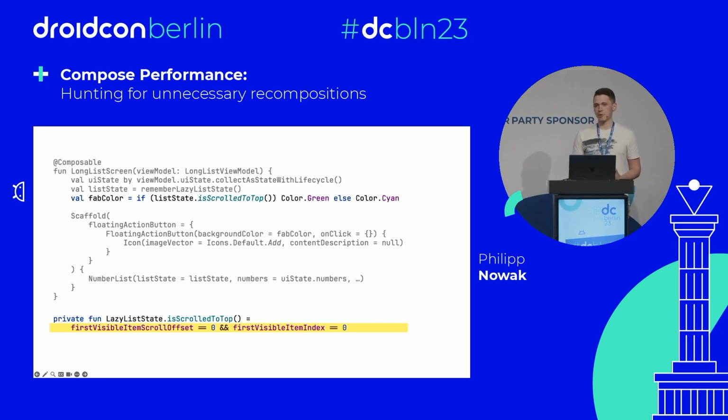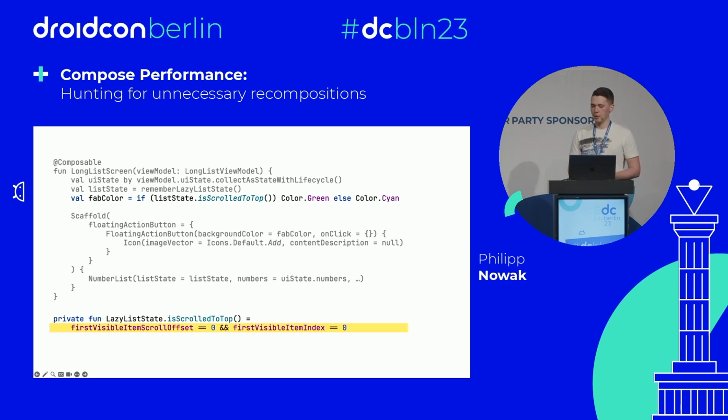But this extension function is basically the cause for all the skipped recompositions we just saw. Especially the first visible item scroll offset changes in nearly every frame as soon as we start to scroll. Since we access this value, Compose triggers a recomposition every time the value changes. Luckily, most of the value changes aren't relevant for the resulting background color of our fab, because we only care if the returned result of the extension function changed.